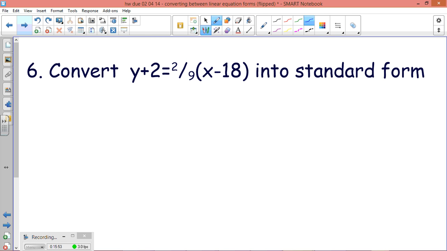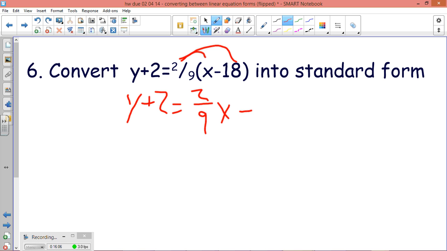Well, the first thing I'm going to do is distribute so that then I can start moving stuff around. I get y plus 2 is equal to 2/9 x minus 18 times 2 divided by 9. So what I have here is really 2/9 times 18.